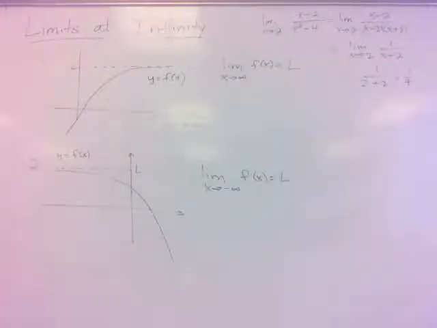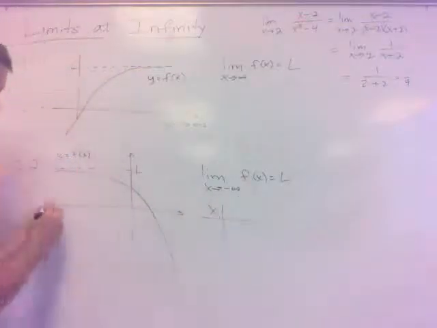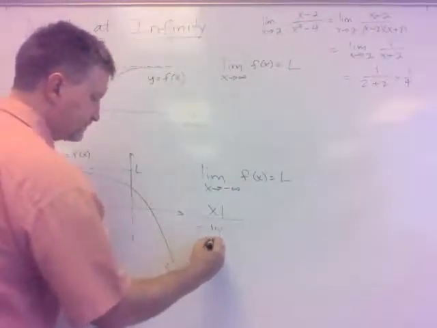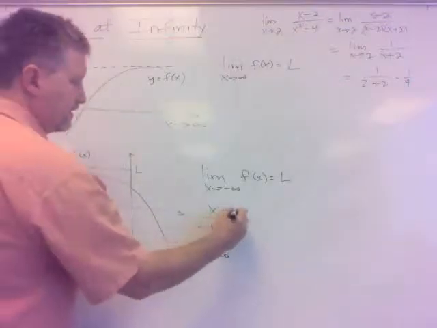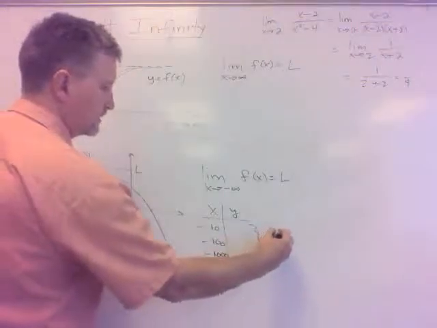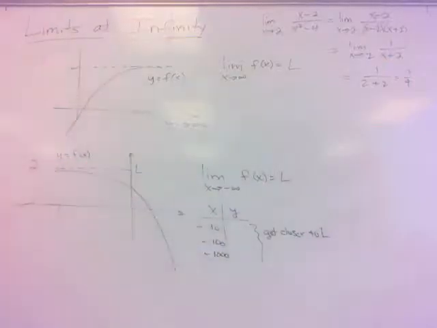All right, and so we looked at tables and things. I don't have a table for these, but it would be the same idea. If I let my x values go out here to negative infinity, say negative 10, negative 100, negative 1,000, what I would see, I'm not even going to put the values in, is that the function values are getting closer and closer to L. So we're talking about something a little different.